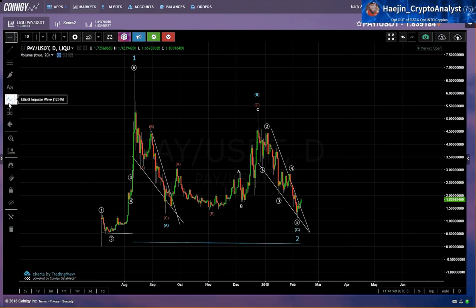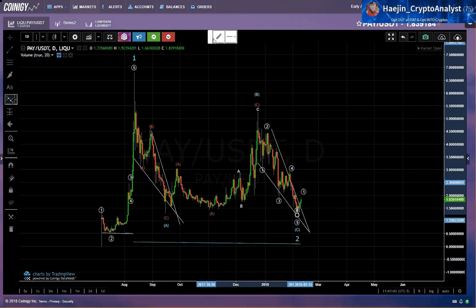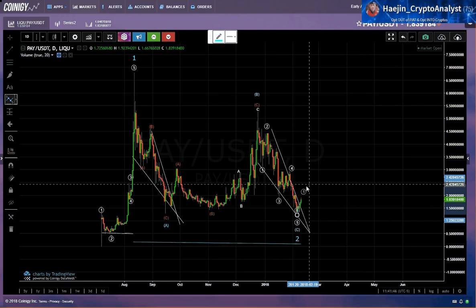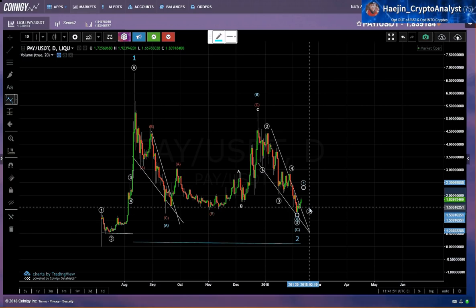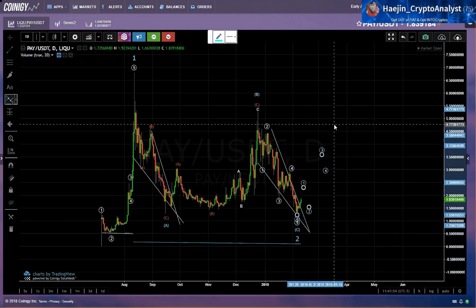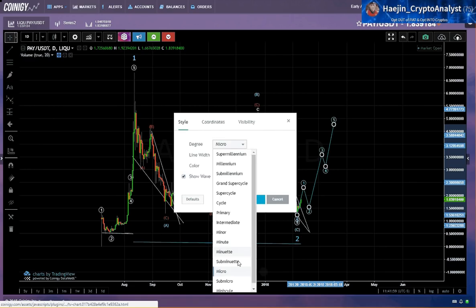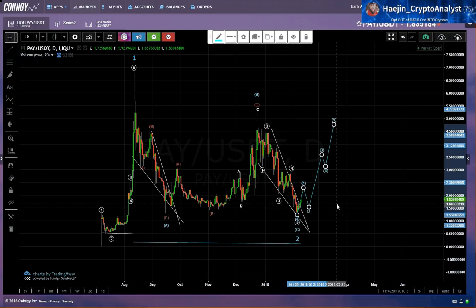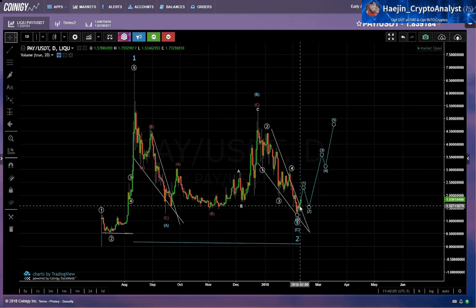And in this case, if this is wave 1, it can be retraced back to the line, almost back to the line. Wave 2 usually retraces 50% of 1.